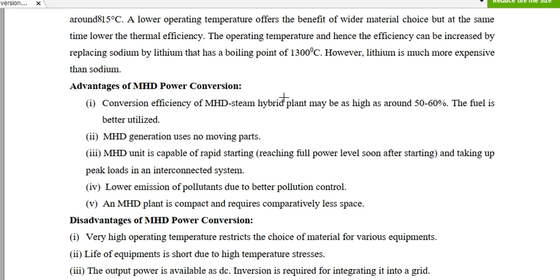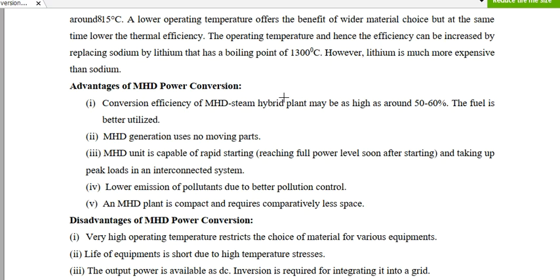Second, MHD generation uses no moving parts, so it is a long lasting system because no wear and tear takes place due to moving parts. An MHD unit is capable of rapid starting, which means reaching full power level soon after starting and taking up peak loads in an interconnected system.